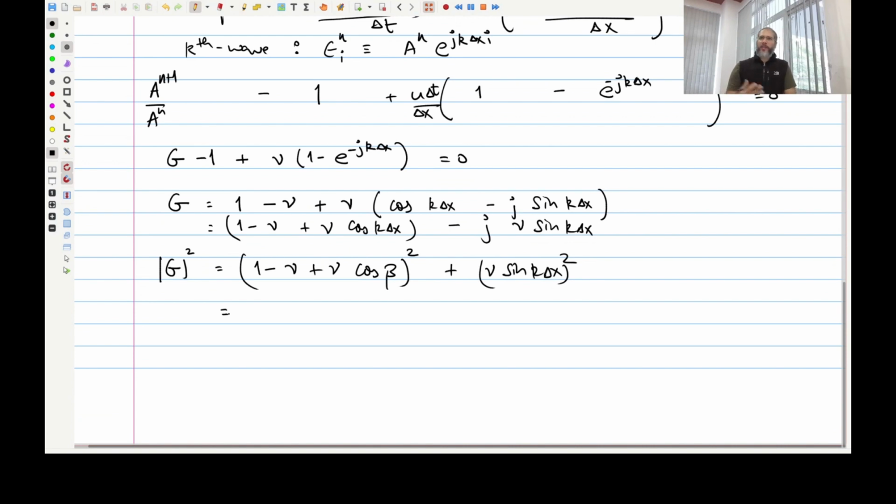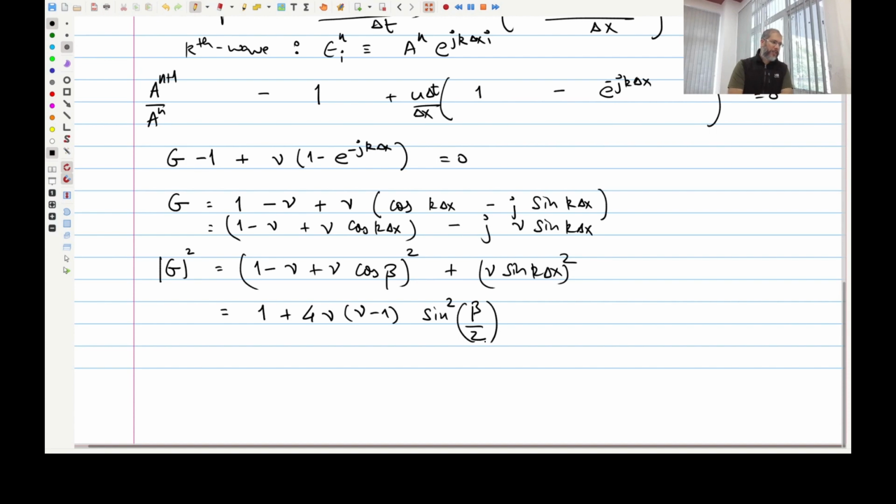Then you can expand this, a plus b plus c squared, and so on. If you do that, I'll just write the final expression after you simplify this. So this becomes 1 plus 4 nu times nu minus 1 times sine squared beta by 2. You can try it and see that you will get the same thing. So this is mod g squared.